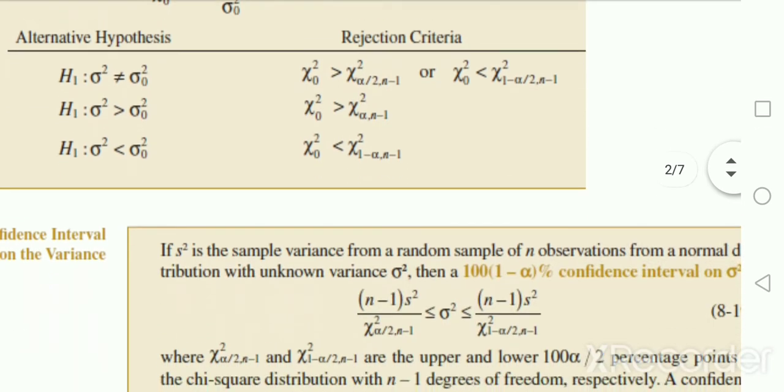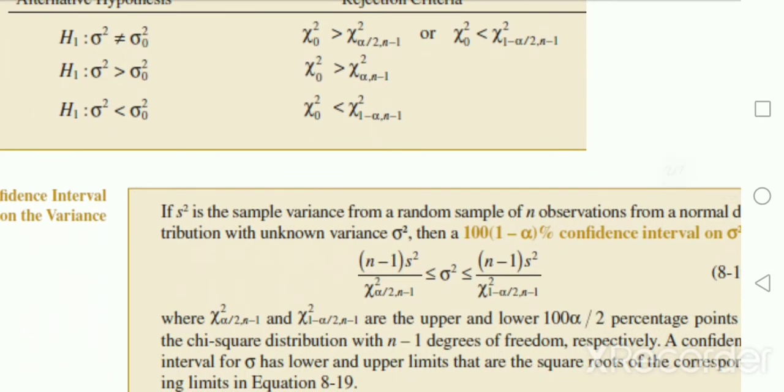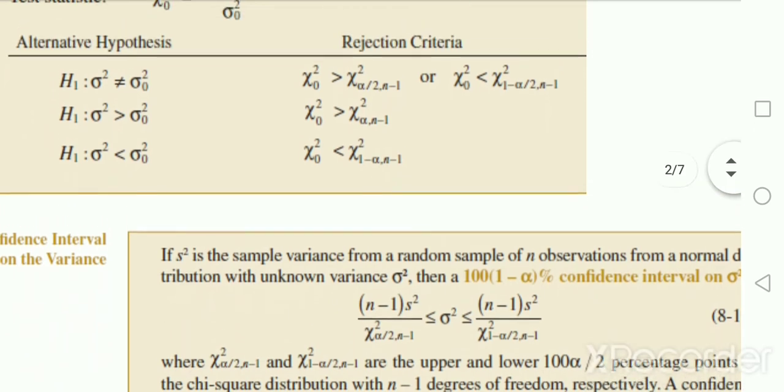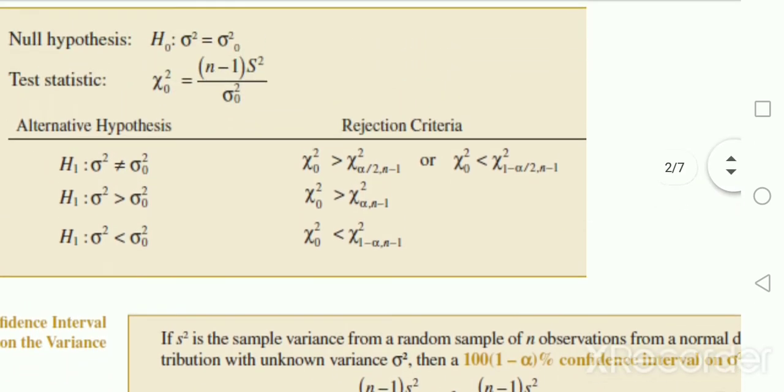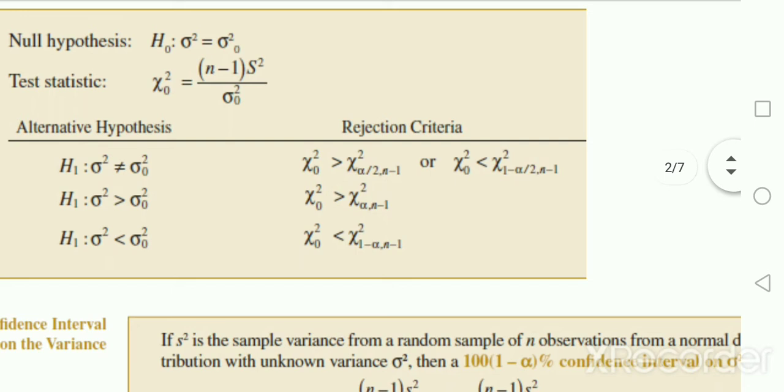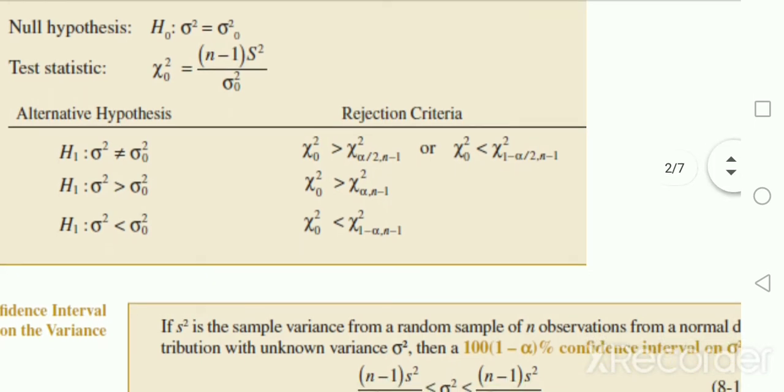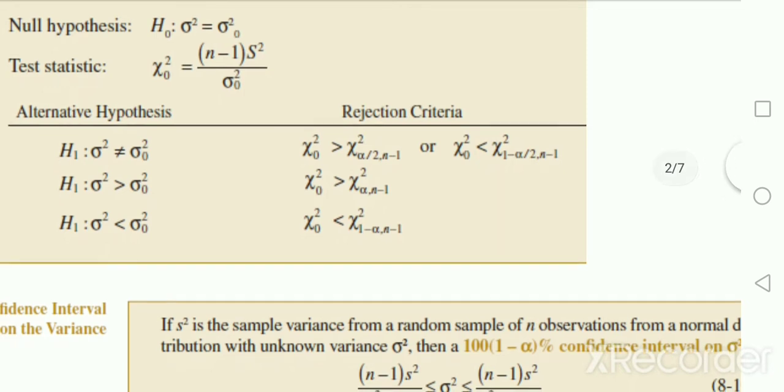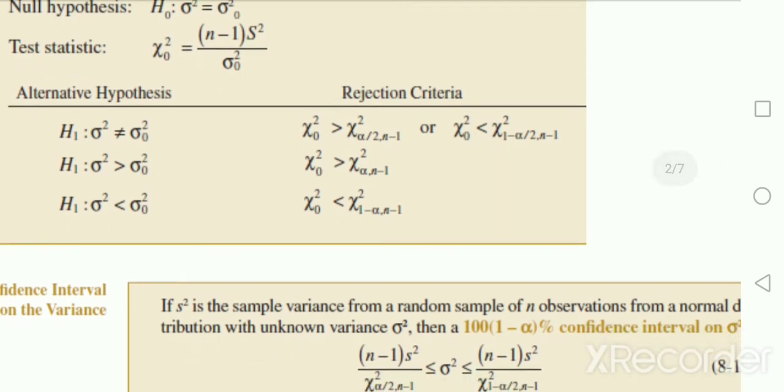And for the confidence interval, by using the test statistic we can calculate it. The numerator we can take the same, n minus 1 times s squared, divided by the chi-squared form.